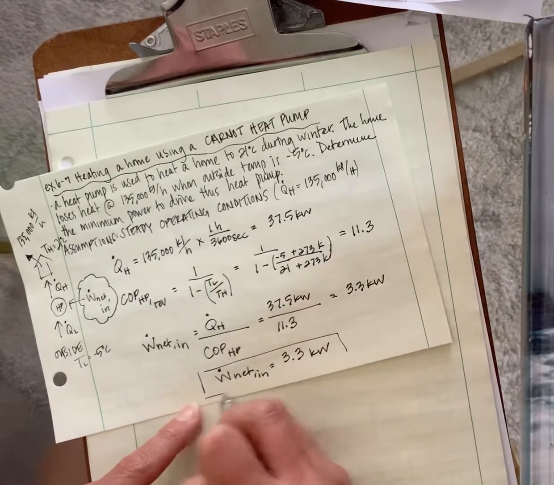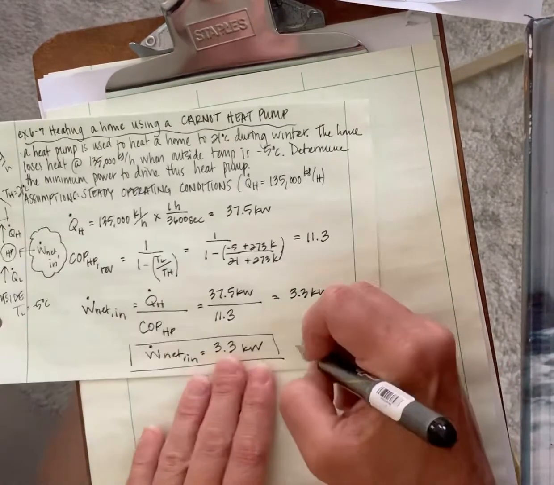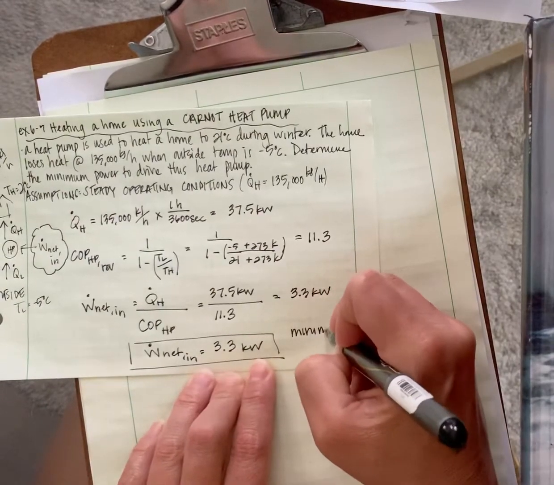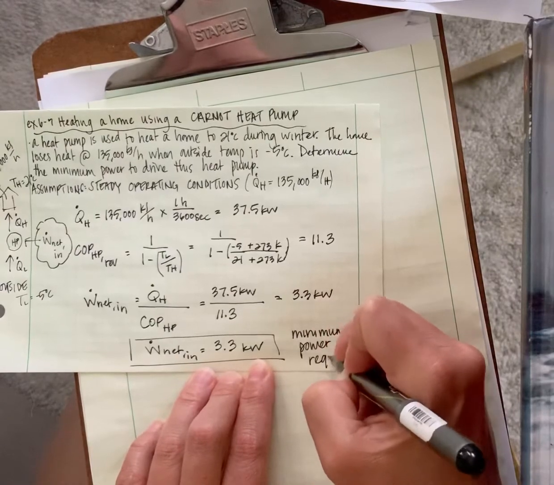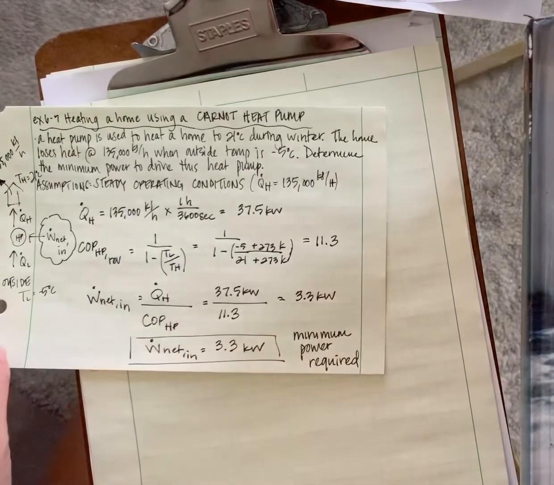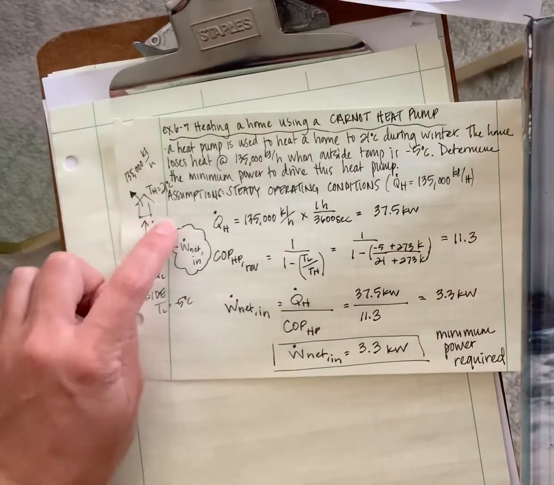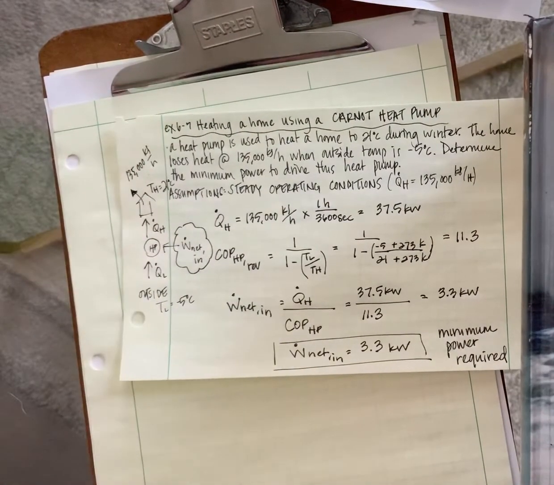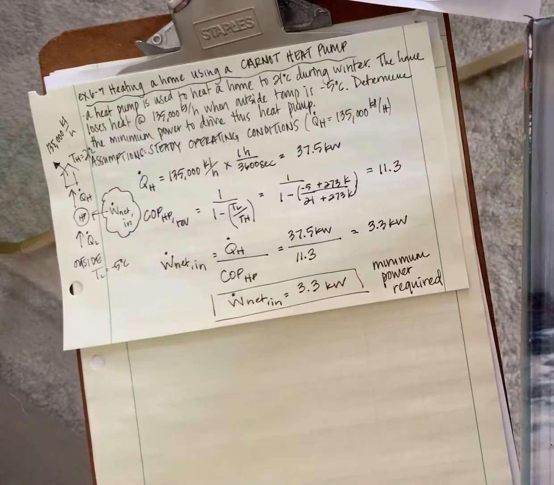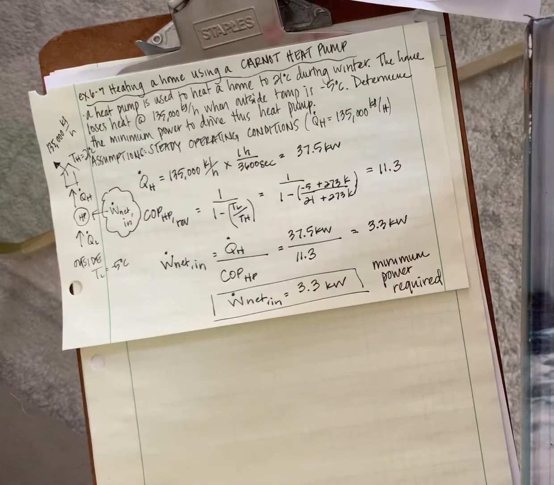This is an idealized pump. This is our minimum power requirement to keep a house at 21 degrees Celsius when it's -5 degrees outside at this rate of heat loss. We need 3.3 kilojoules per second.